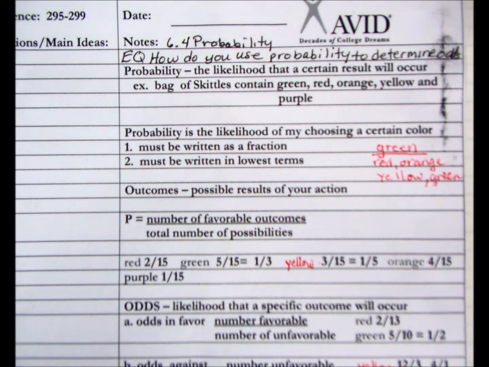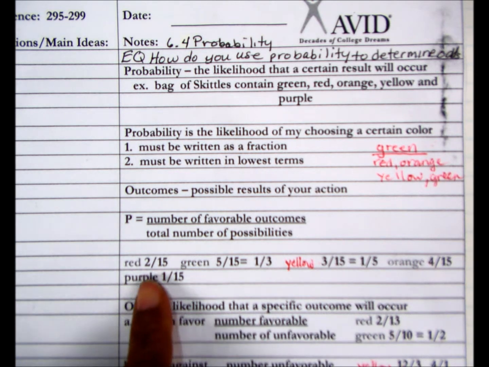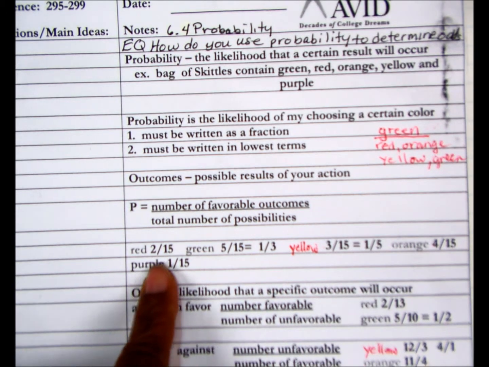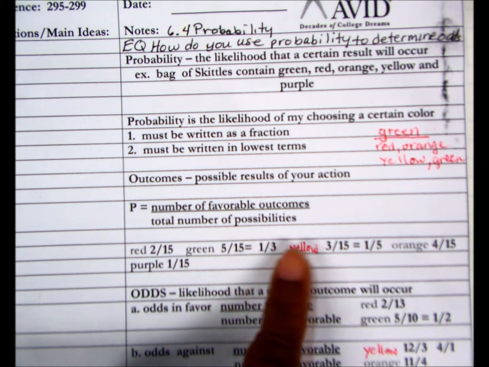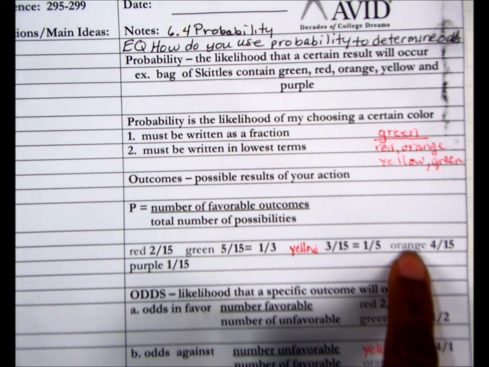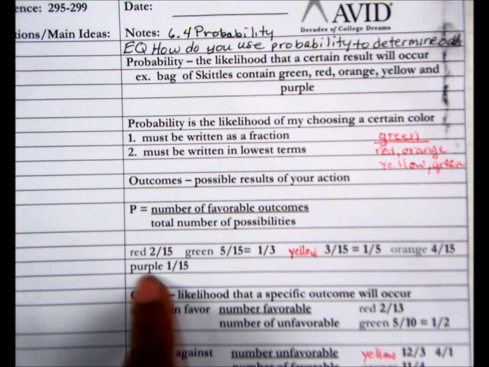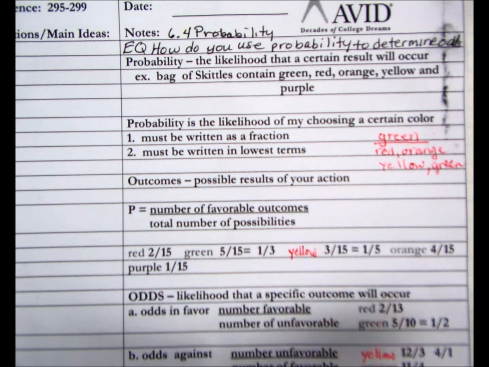So for an example, my outcome is what my possible results would be of my action. So in this bag of Skittles, if you'll look down here, you'll see I had 15 Skittles total. 2 red, 5 green, 3 yellow, 4 orange, and 1 purple, for a total of 15.